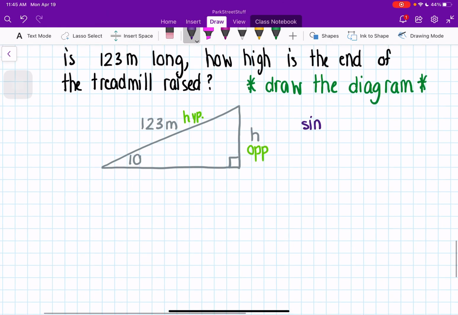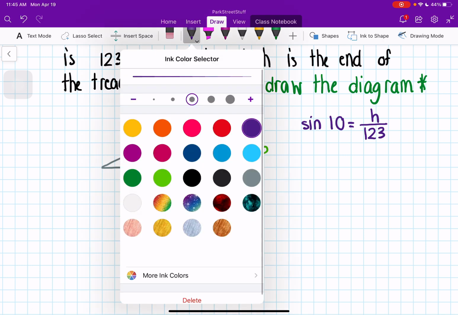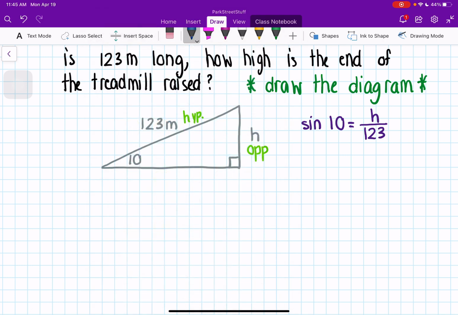So we're going to go sine of 10 is opposite, which is h, over hypotenuse, which is 123. Notice we don't put the units in here. We'll put them in our final answer. And then to get h by itself, I need to multiply by 123.